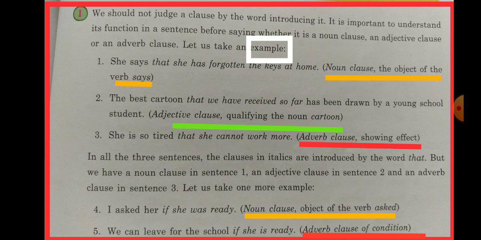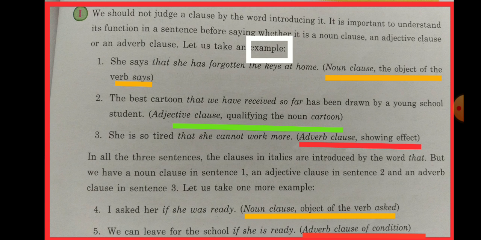Now: she is so tired that she cannot work more. Again that is an introducing word here, but here it is working like an adverb clause. So these three sentences are given here to show you that the introducing word that can be used with a noun clause, an adjective clause or an adverb clause.